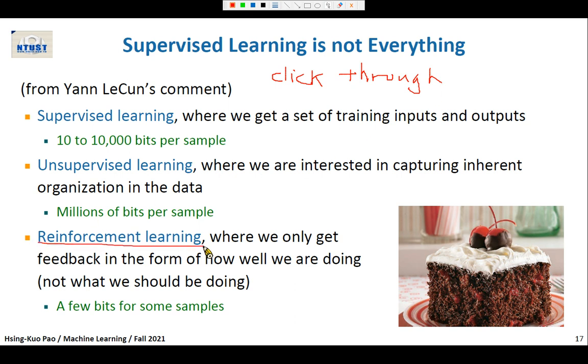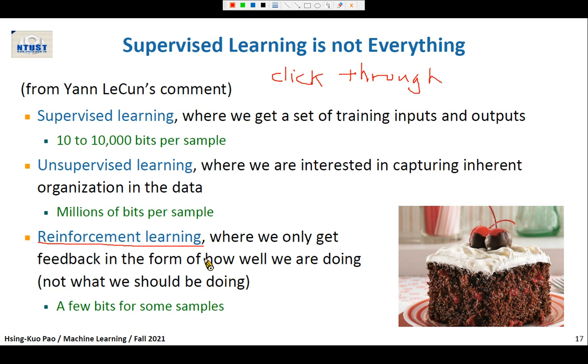Online advertisement is related to reinforcement learning. After showing you a lot of advertisements that you could click through, over many different steps, in the end you buy it or not. That's what they care about, so of course they care about reinforcement learning.